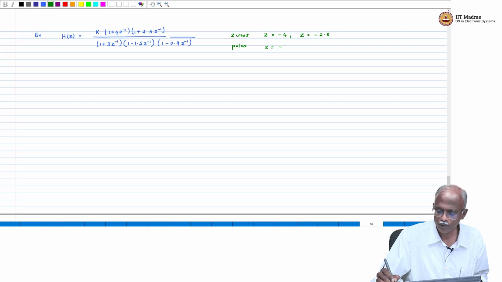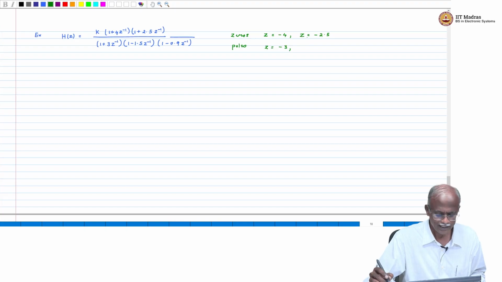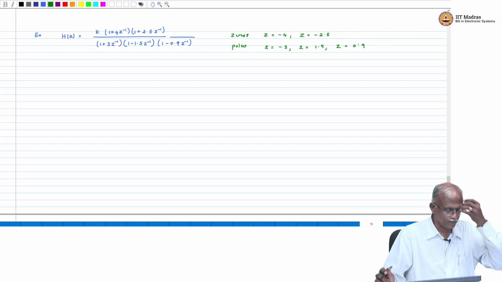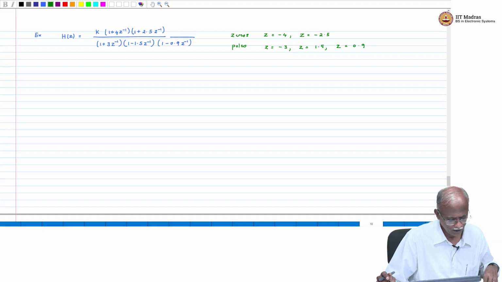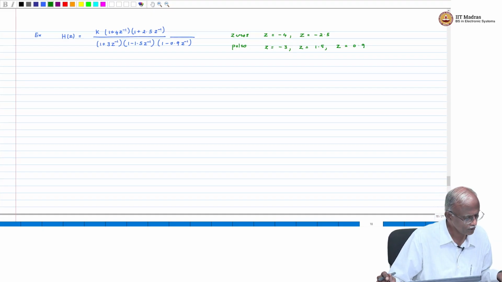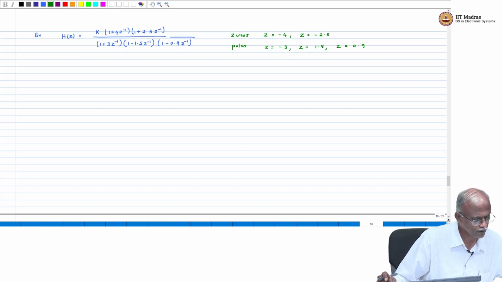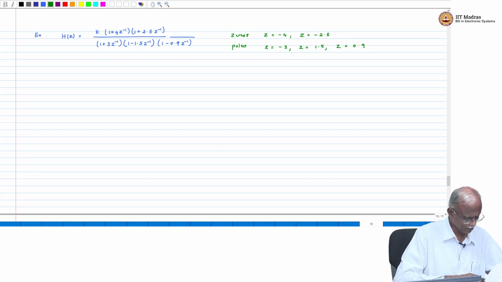Z equal to minus 3 corresponding to the first factor, the second one Z equal to 1.5, and the third pole Z equal to 0.9. I hope you are able to see that, as a way by which we can understand this particular example.